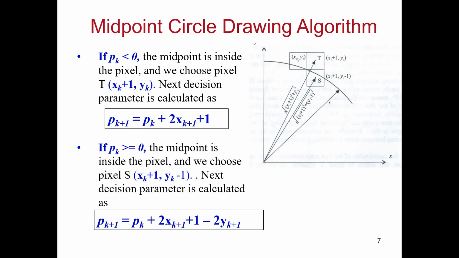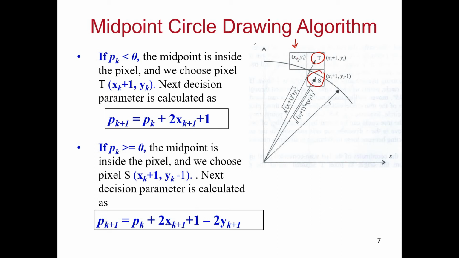Now let us try to recap it again. We will say it once, many times if necessary, no problem. If pk is less than 0, as we can see here, this is the pixel that we are in right now. This is xk, yk. If pk is less than 0, we will choose t. If pk is greater than or equal to 0, we will choose this pixel.